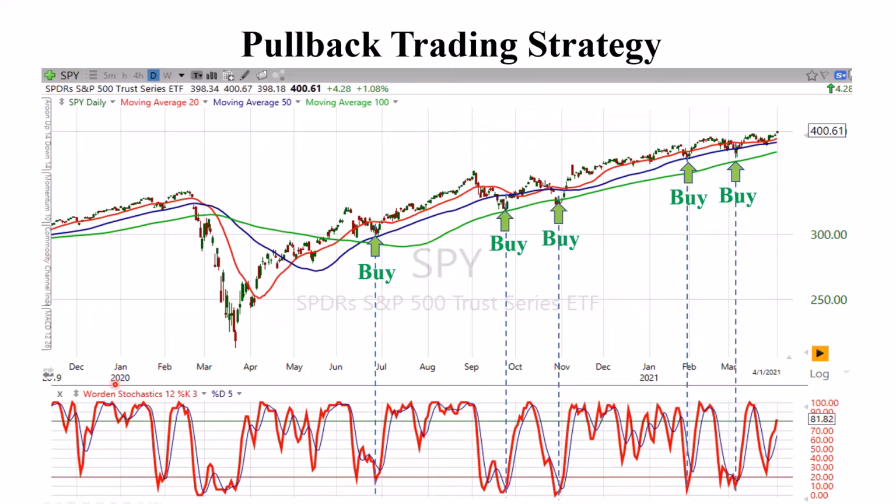We can couple these pullback points with stochastics to confirm these buy zones. In most cases, the stochastics are less than 20 in the oversold zone. Also, we can use either SMA 100 or SMA 50 as the trailing stop.